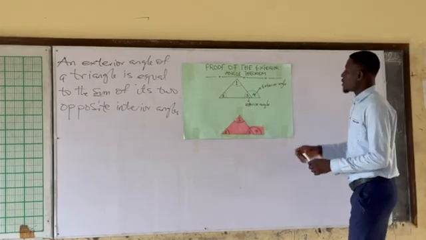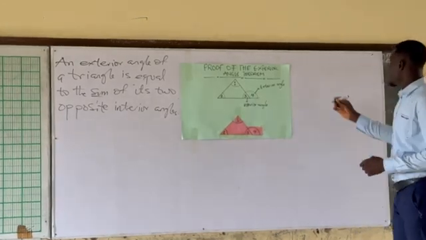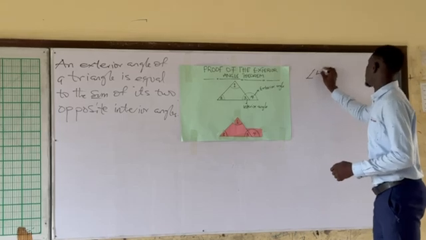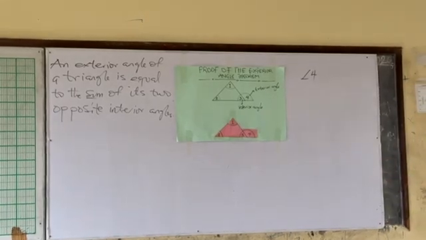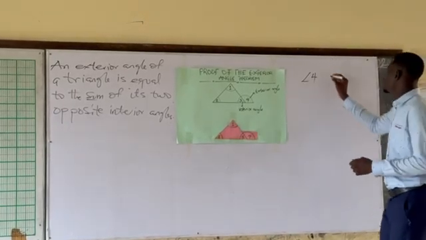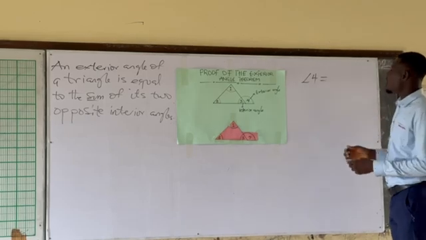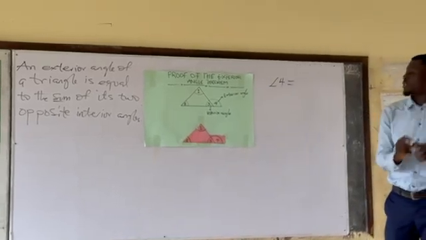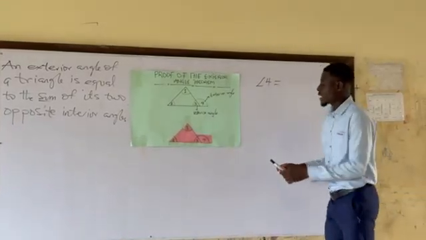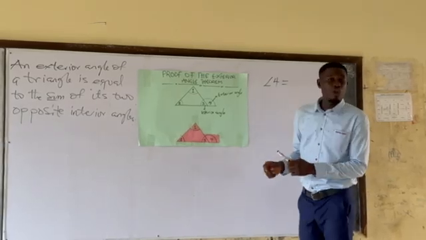Looking at the exterior angle, we have angle 4 as the exterior angle of the triangle. The theorem says it should be equal to the sum of its two opposite interior angles.